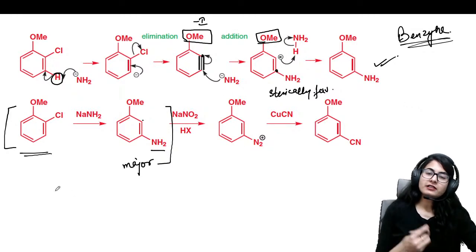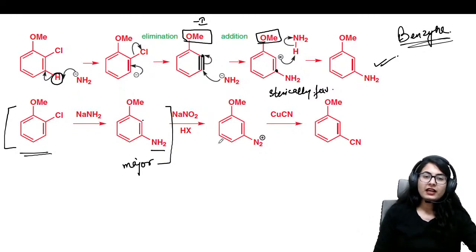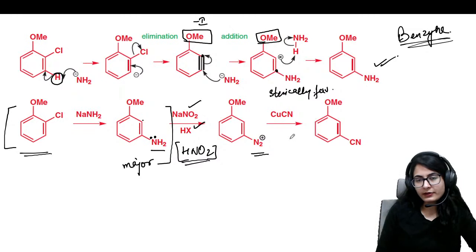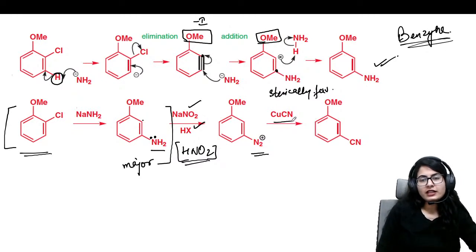Absolutely. So this is again regioselectivity, and then you get a lot of regioselective reactions of benzyne. Okay then, and what are we proceeding with? Here it is now very simple. We are generating HNO2 with this combination, NaNO2 and HX, nitrous acid, and after that you will form the diazonium compound, and then you give the Sandmeyer reaction or a reaction similar to Sandmeyer, CuCN, removal of this nitrogen through an SN1 type mechanism because there will be a phenyl carbocation over here like this.